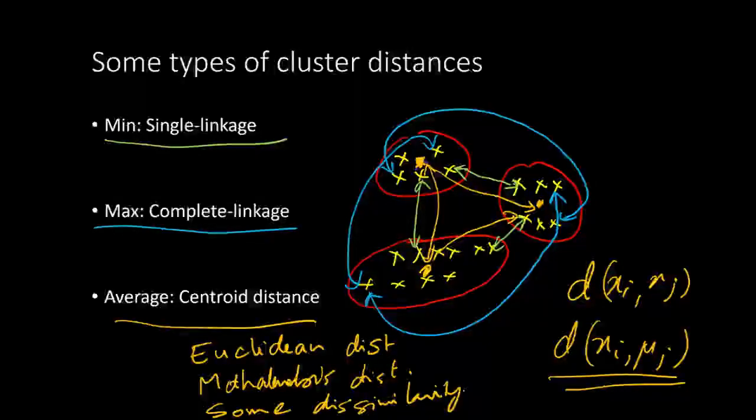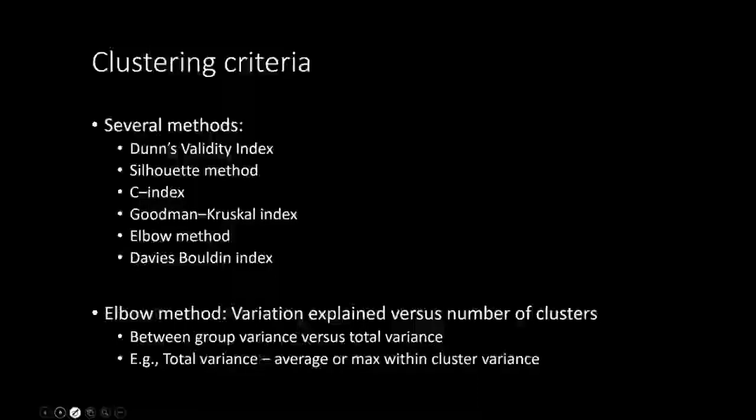As long as we can compute something that is pairwise, it will work for many of these clustering algorithms with slight modifications. So it need not always be Euclidean distance. We can even weigh some of the variables to give large distances versus small distances and so forth.